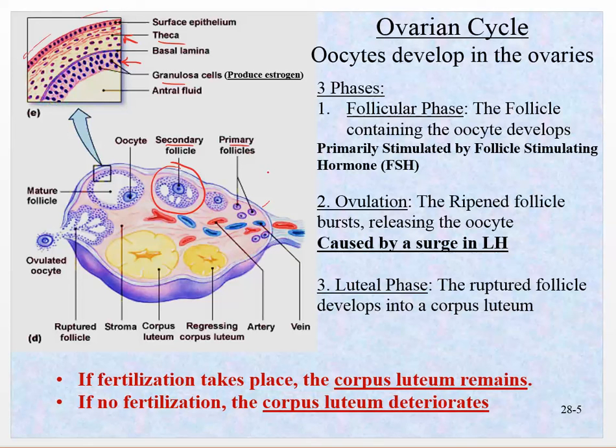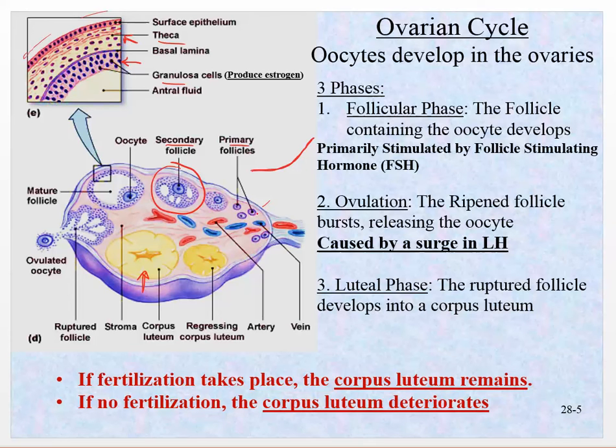Why is that important? Because as it gets really large, they start producing more and more progesterone and estrogen. It may start out with a moderate amount, and then towards ovulation, it really increases. So there are 3 phases. There's the follicular phase, because we haven't even looked at this yellow stuff down here yet. The follicular phase takes about 10 days.